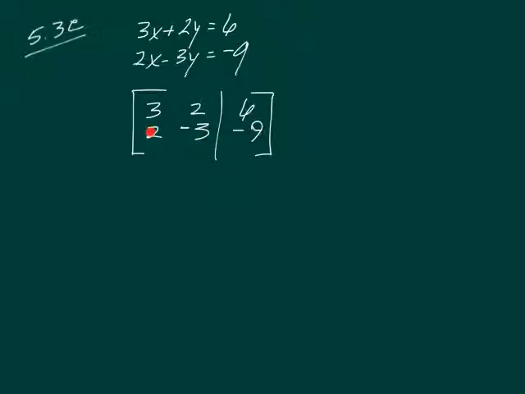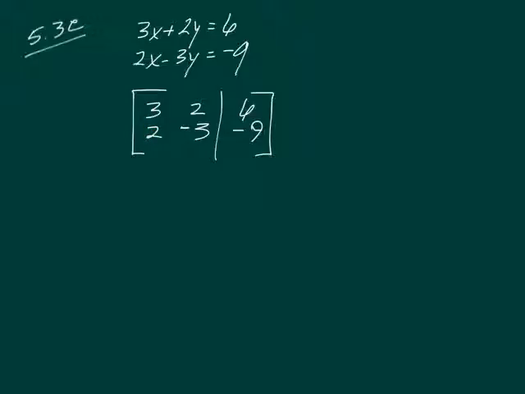So if I made this 2 a 6, that would be a multiple of 3. And that's always going to be handy, if I can somehow make one of the columns a multiple of the other one, then it's a lot easier to make everything work out, because I'm trying to change this to a 1, and if I can make this 2 a multiple of 3, it will be easier.